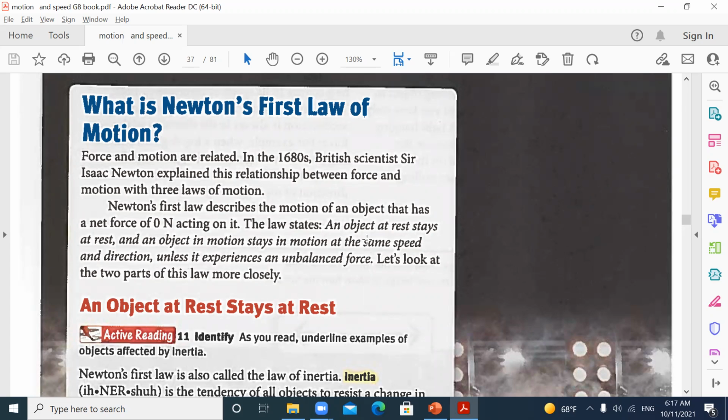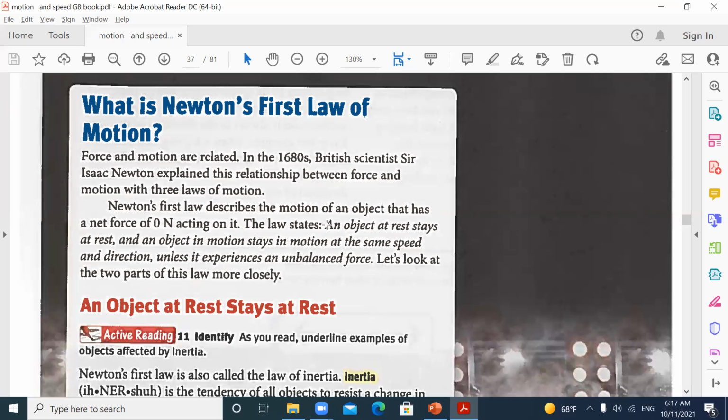So if an unbalanced force is exerted on the object, it will stay at rest or at the same speed as it is. Okay, let's look at the two parts of the law.